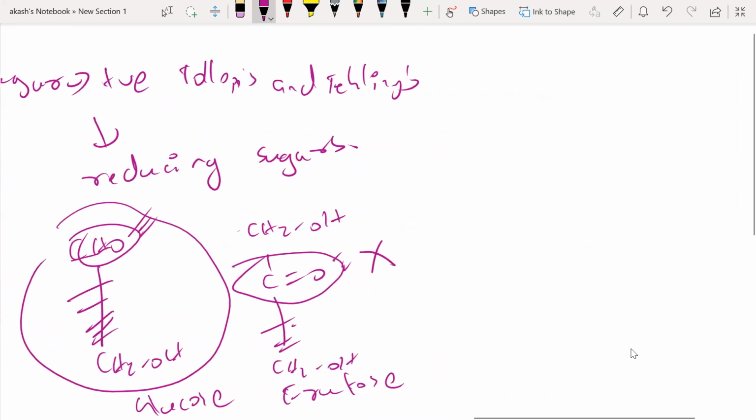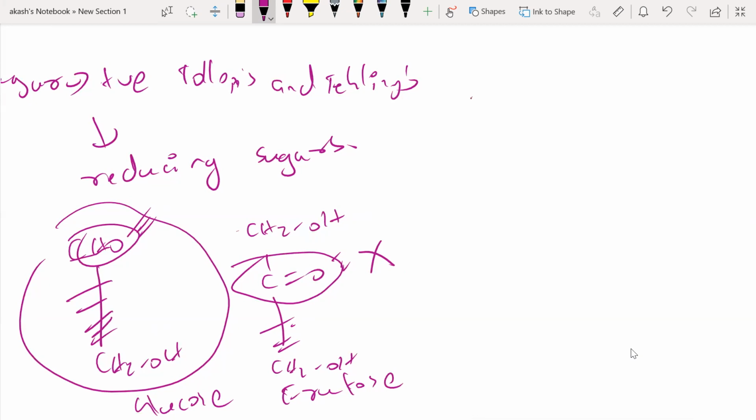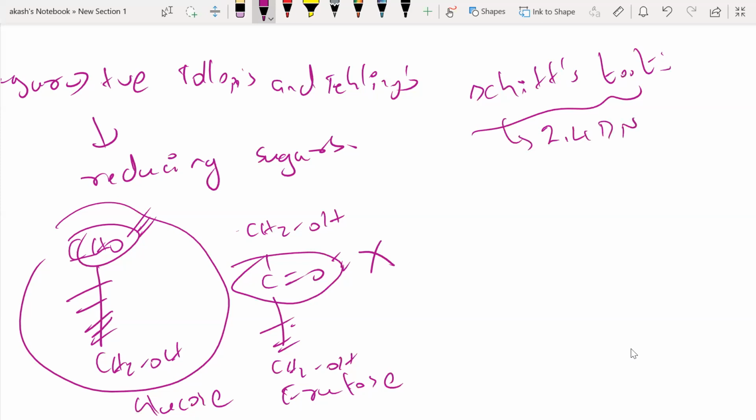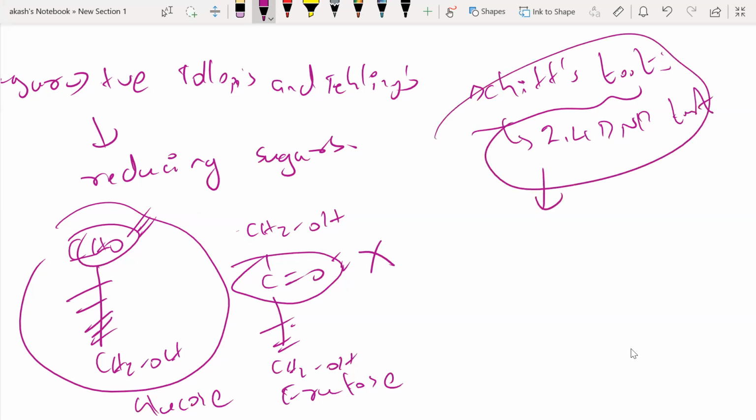But there is another test, called Schiff's test, and this is also called the 2,4 DNP test. This is given by anything which has a C double bond O. That means it can be an aldehyde or a ketone, both of them have C double bond O. So this particular test confirms that a carbonyl compound is present.